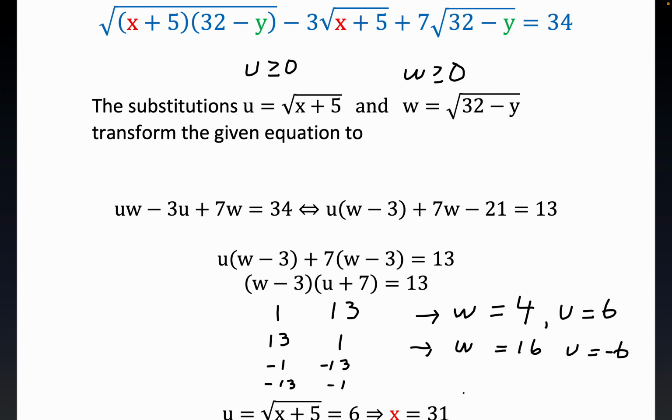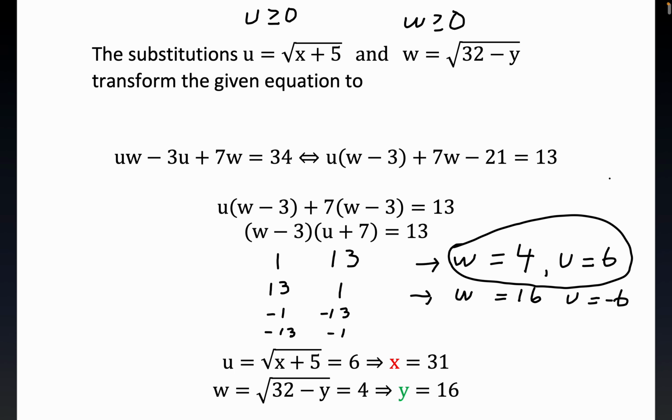So you reject all the solutions except w equals 4 and u equals 6. This is the only one that sticks to the domain restrictions.